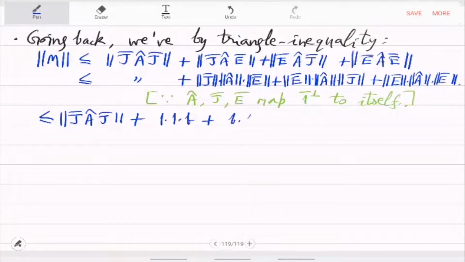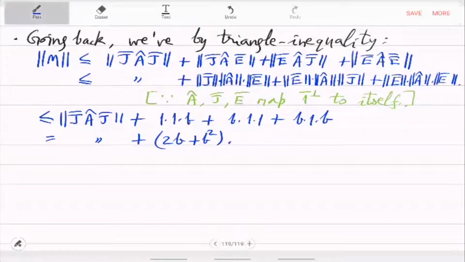Okay, let's use this upper bound. Right, so I get this plus 2b plus b square. Okay, that is where we are. So we have a main term and then we have this 2b plus b square, where b we got from the norm of E bar from the previous calculation.